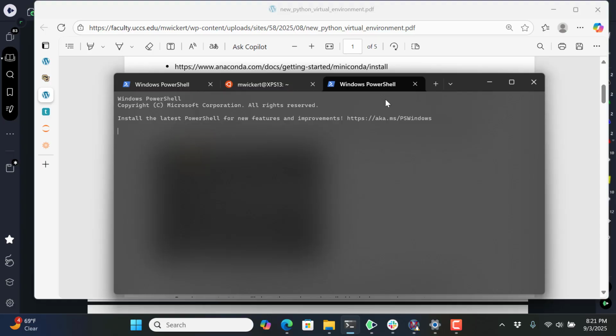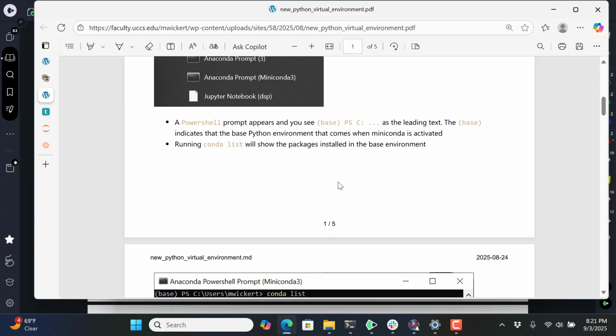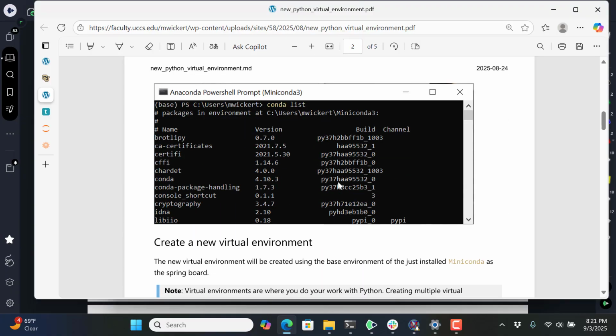So what you want to do is create a virtual environment. There will be a base platform or base install of Python that comes with Anaconda. You don't want to use that for installing packages into. You want to just keep it pristine and instead create a virtual environment.